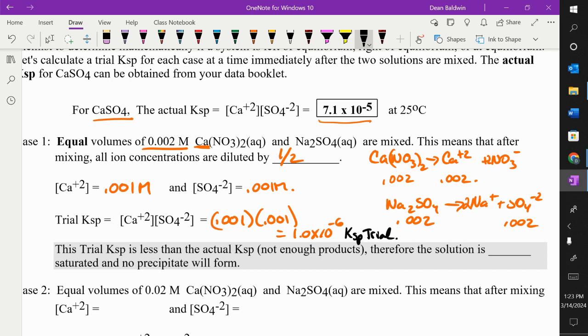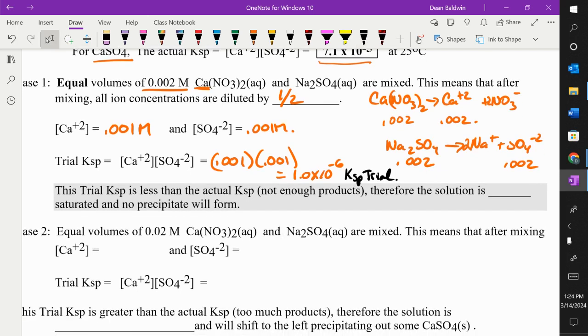Then you look at the actual KSP, because the actual KSP will tell you when you have a saturated solution. Is this number bigger or smaller than this number? It's smaller, right? It's 10 to the minus 6. This is 10 to the minus 5. So our trial KSP is less than the actual KSP.